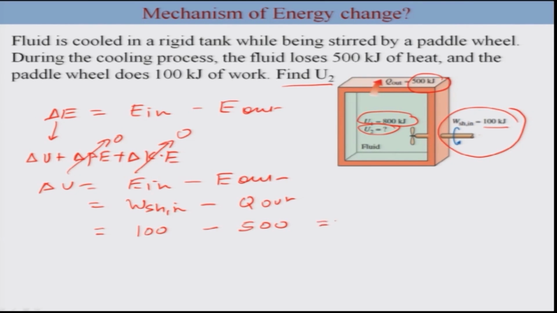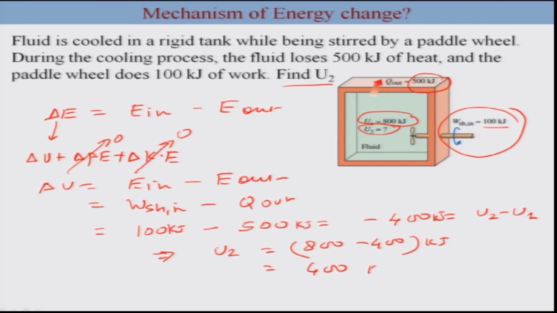So, this is nothing but minus 400. So, this should be your U2 minus U1, which essentially means U2 should be 800 minus 400 kilojoules. Okay. So, this should be kilojoules here. So, that is 400 kilojoules. So, that is the answer for this based on the first law of thermodynamics.